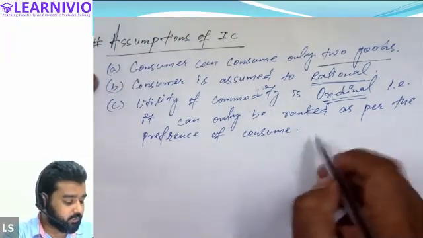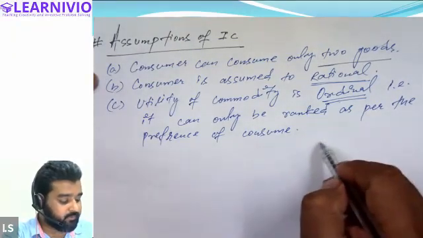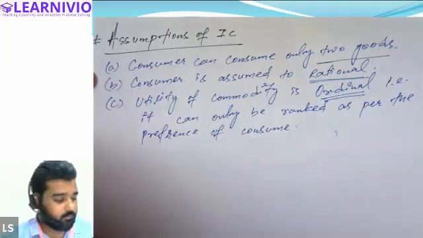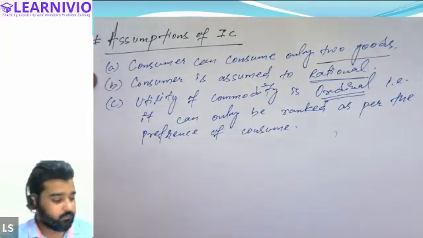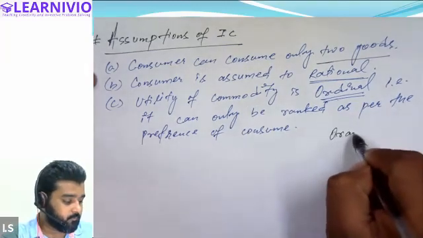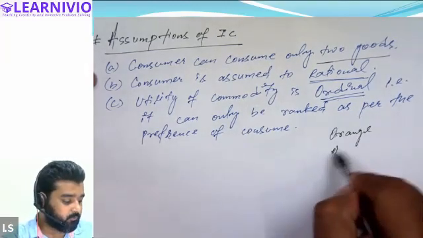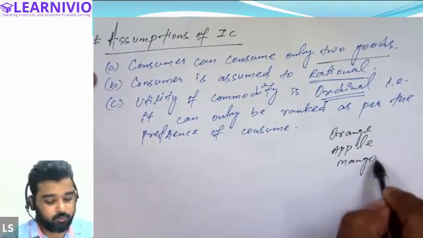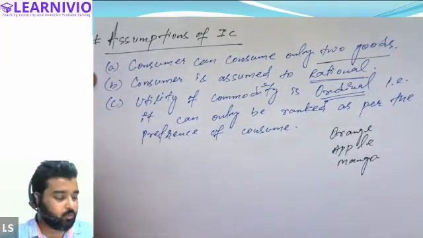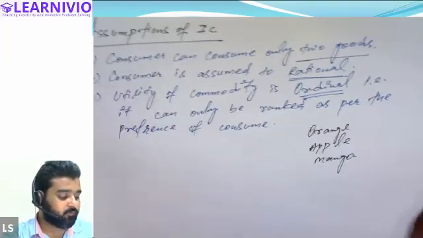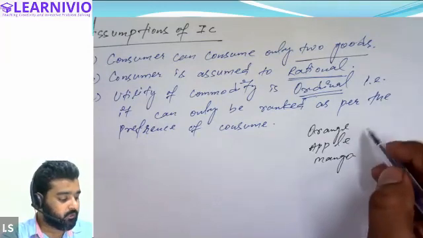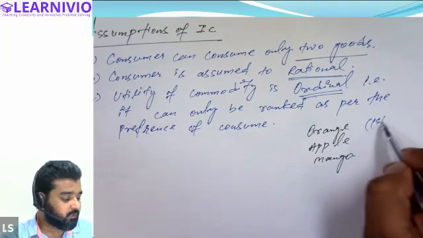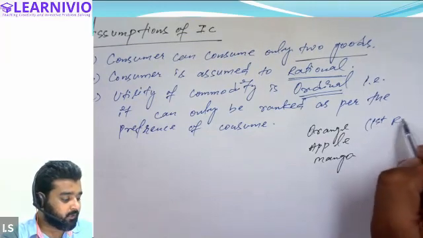Let's suppose that I am giving you three kinds of fruit. Suppose I am offering you orange, then apple and mango. If you consume all of these goods and I ask you what is the amount of satisfaction you have got from all of these fruits, then you will probably say that you like the oranges the most. So you are giving the first rank to the orange.